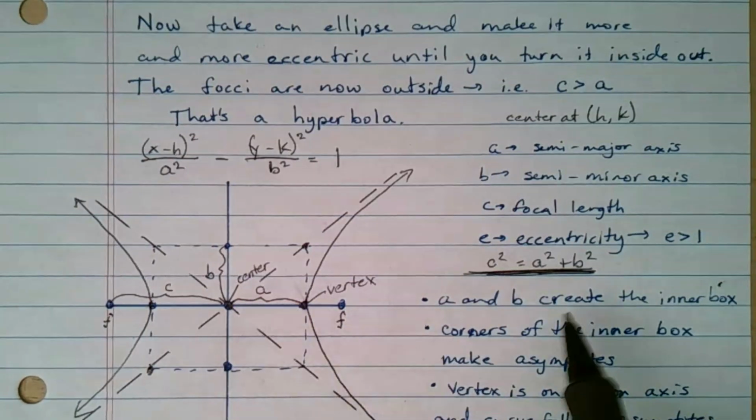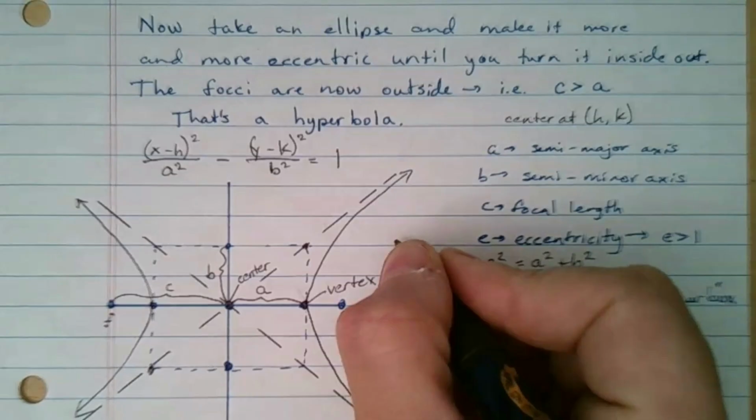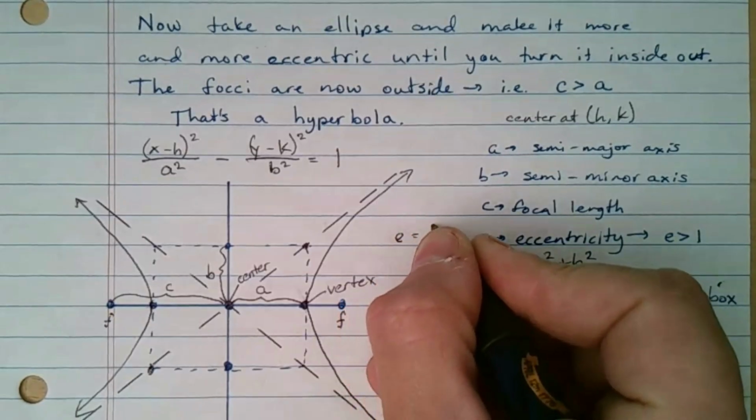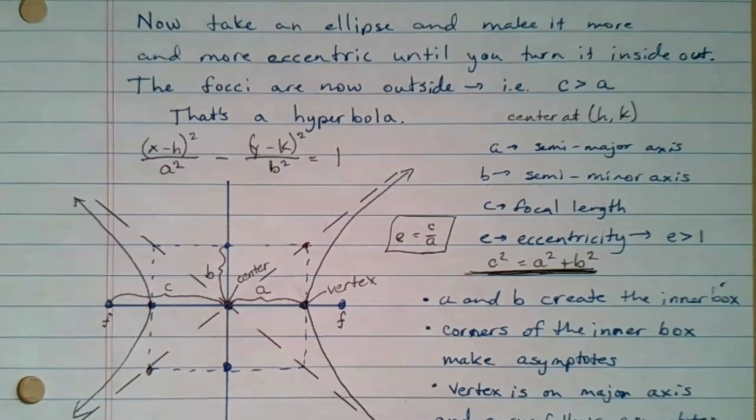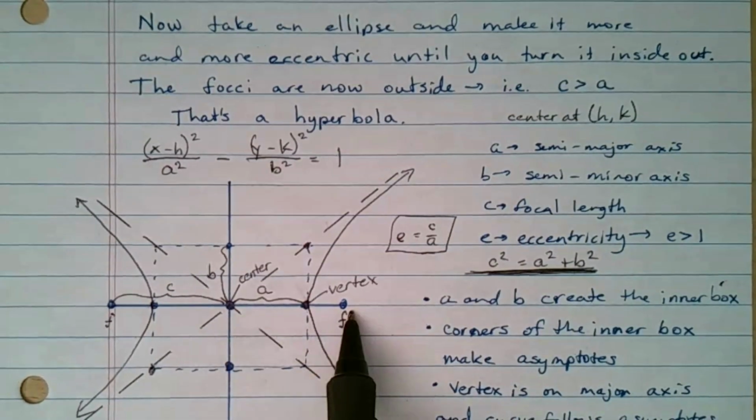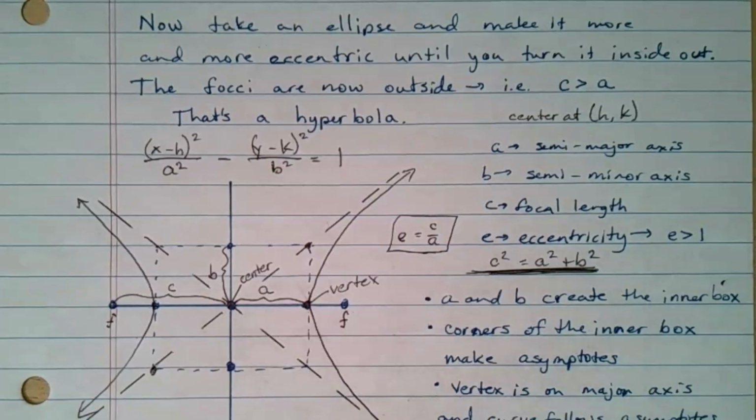E for a hyperbola is still defined as C over A, but because the C axis is longer than the A axis, you get an eccentricity greater than 1. And in this case, C² is A² plus B². It fits the Pythagorean theorem, but we don't call it that because it's not the Pythagorean theorem in a hyperbola, even though it's the same formula.